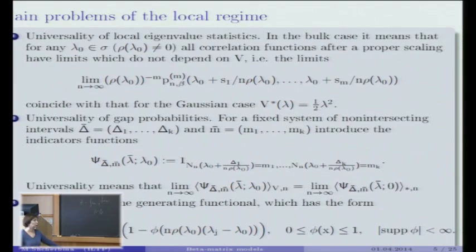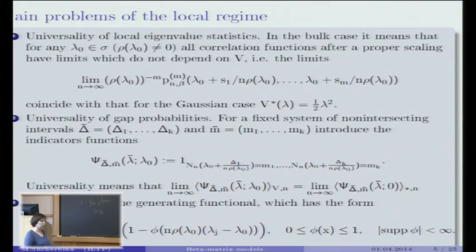If we speak about the bulk case, then you have to take lambda 0 inside the bulk and consider the correlation function in the neighborhood of this point lambda 0, and make a scaling, and then this function, as a function of s1 and so on up to sm, should be universal.